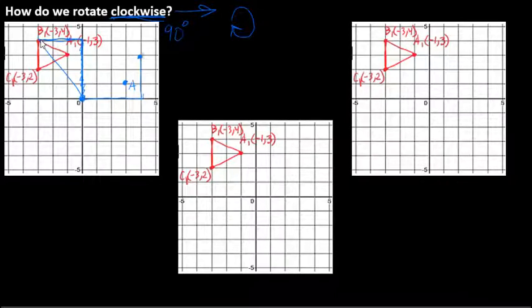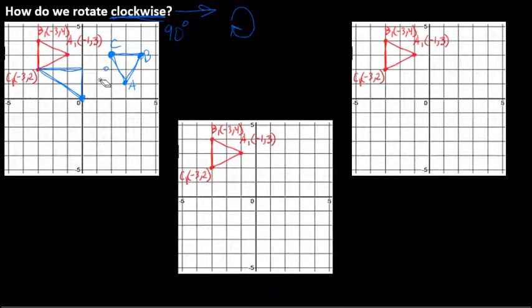So there's my B. I'm going to erase and do this again for my vertex C. Again, take note that I'm maintaining these distances. I take this, go 90 degrees, and that puts it right here because it's too long, and it's 3 up this way. So I've got that same distance, and there's my new vertex C, and I have my triangle ABC.